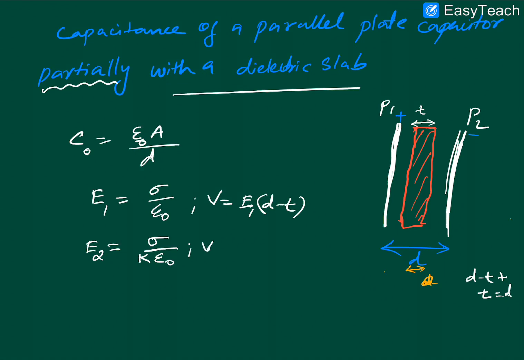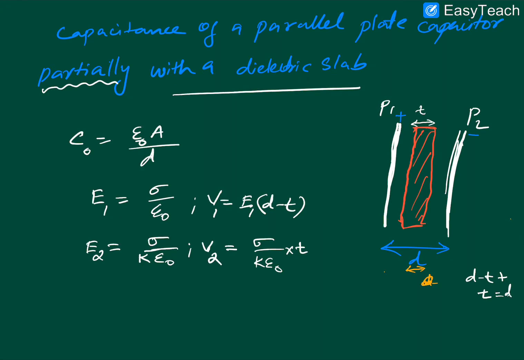So what will be the potential? Let it be V1 in the initial case. Now what will be the potential V2? In this case V2 will be sigma by K epsilon 0 into distance. How much distance does it have? It is t. The slab has a thickness of t, and in that region only you are finding the electric field and potential, that will be sigma by K epsilon 0 into t.